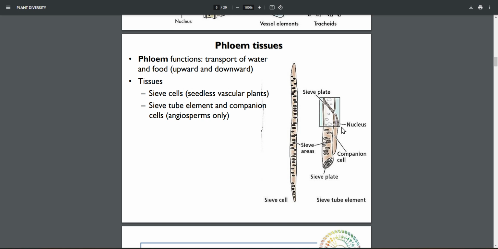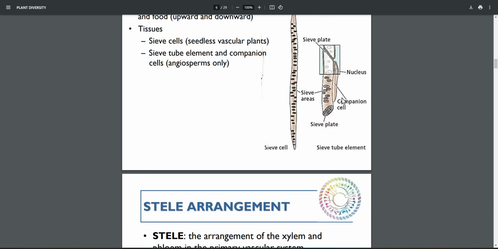The companion cell helps carry out cellular activities, gives food and oxygen, and removes waste from the sieve cell, such that the sieve cell can focus on transporting food and water, as well as removing the important organelles out of the way, so that the tube is still hollow and allows effective transport. That's how the sieve tube element works.